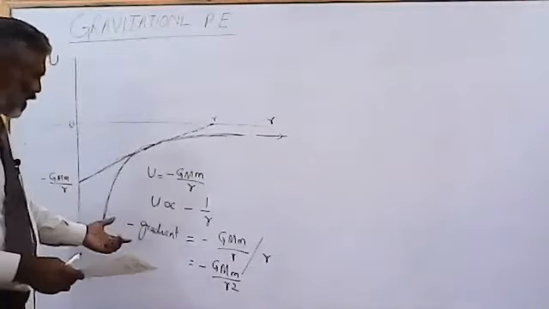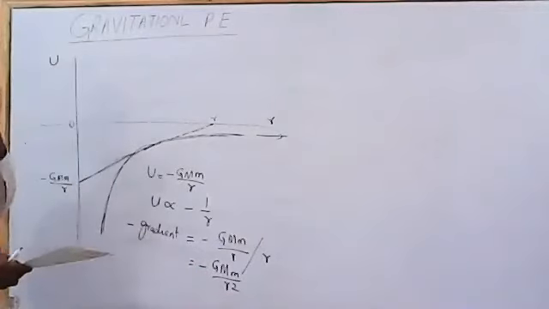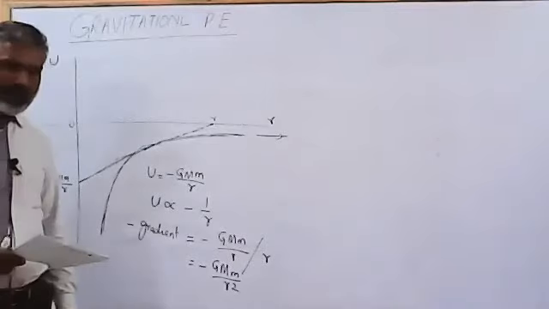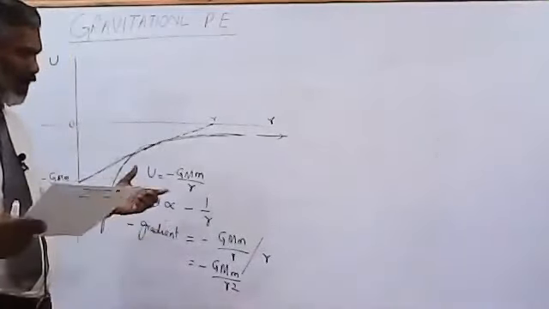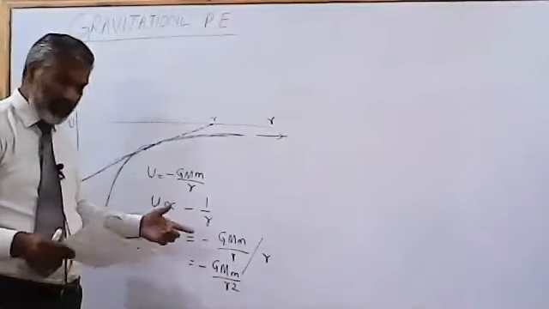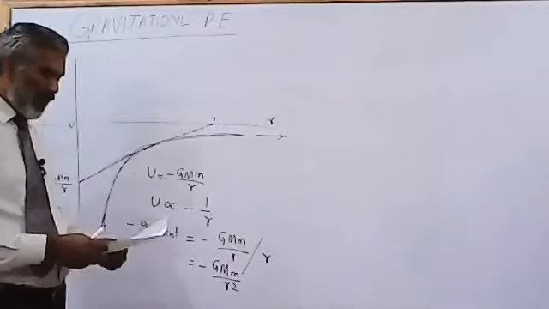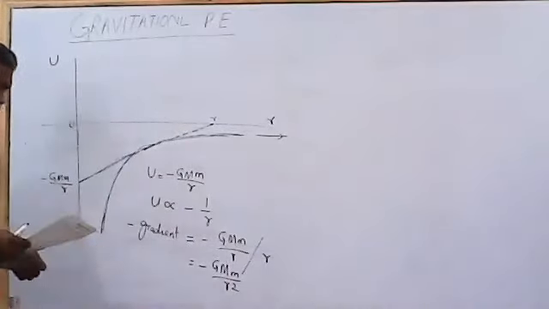So this is the significance of calculating gradient, and there are several questions in the exam in which you will calculate this gradient and calculate the force between 2 masses when they are at this position apart. Their centers have this distance r from each other, and the values of their masses are given. We can calculate the force between them.